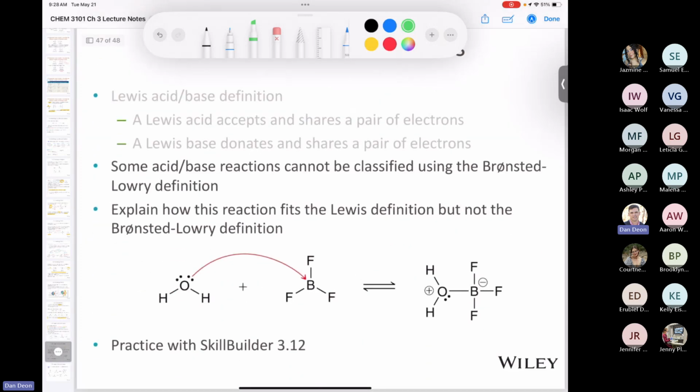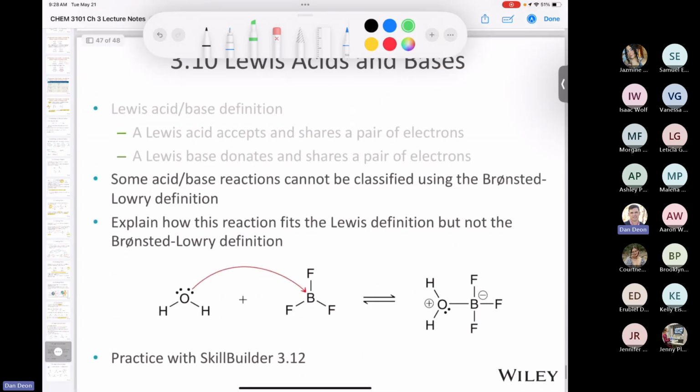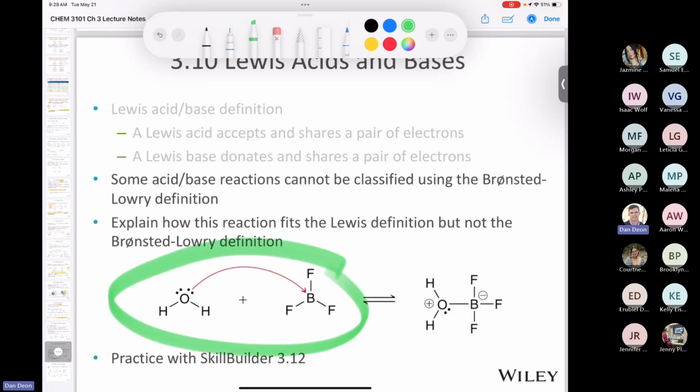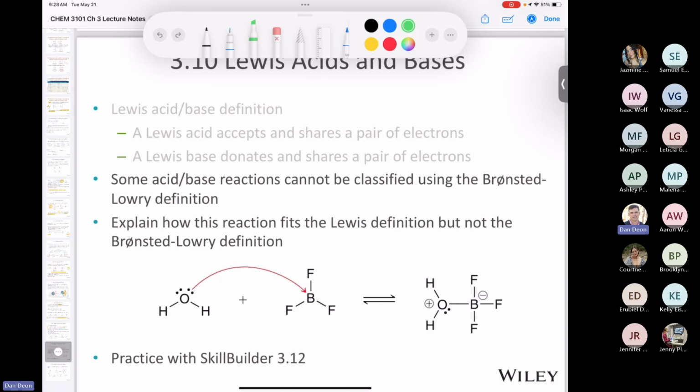So some acid-base reactions cannot be classified using Bronsted-Lowry. If you take a look at this reaction here, you can't use Bronsted-Lowry, but it is an acid-base reaction. You can see that the water is donating a pair of electrons. So this is our Lewis base, and again, it is an electron donor.